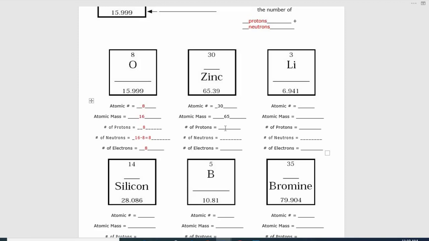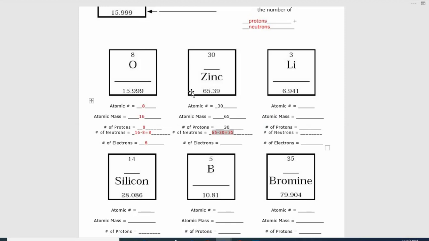And the number of protons equals the atomic number, so this means they will be 30. And the number of neutrons equals the mass number minus the atomic number, so this will be 65 minus 30 equals 35. Yes, super. So this will be the number of neutrons.